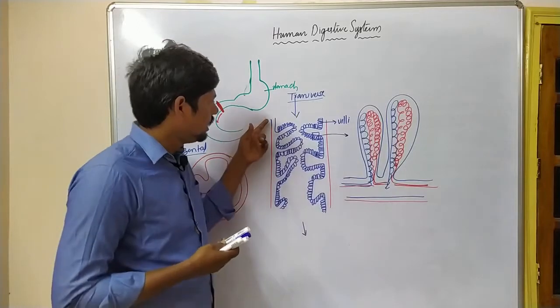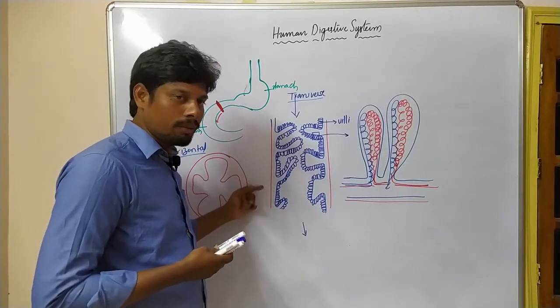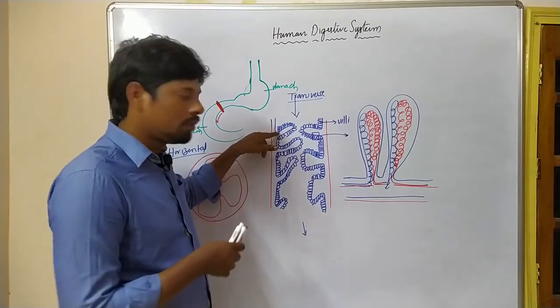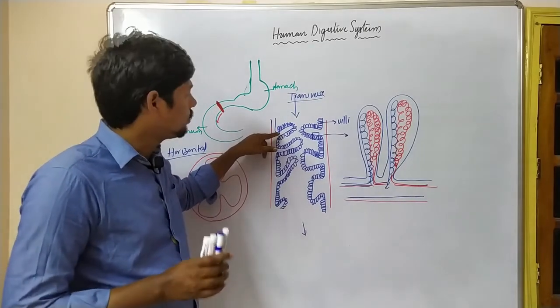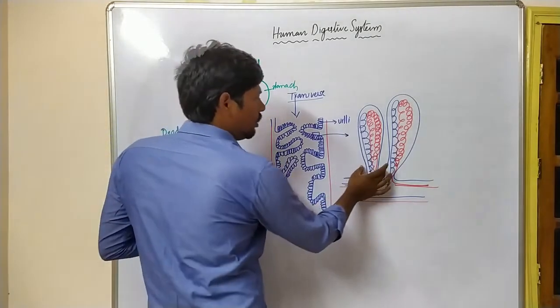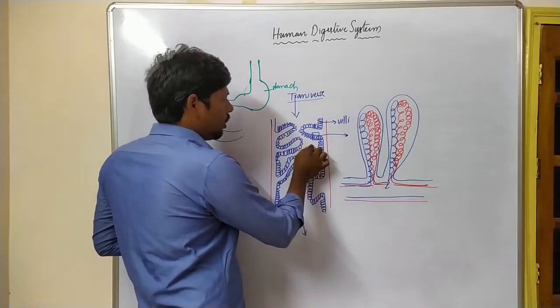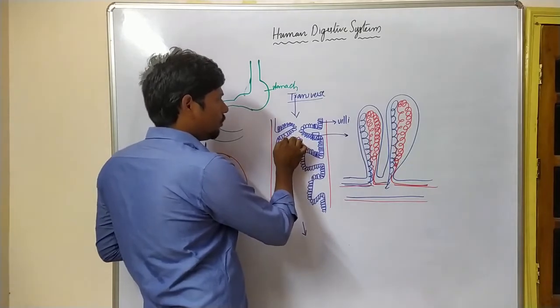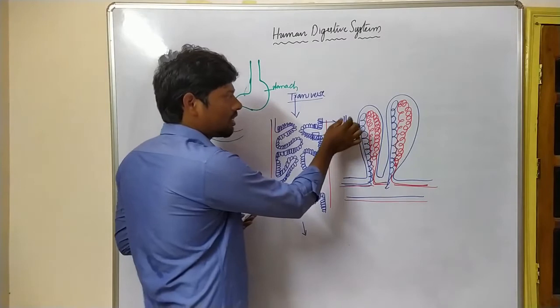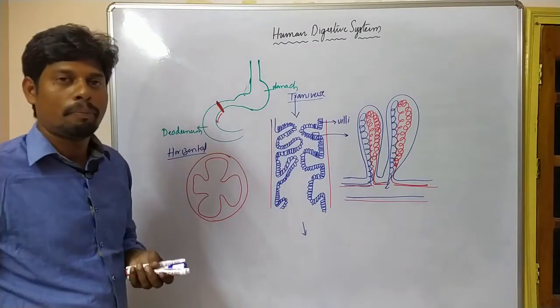So here you can see the internal layer of the small intestine is folded into the lumen of the small intestine first of all. At the same time, that lumen of the small intestine that contains foldings is again folded into small finger-like structures, they are called villi.